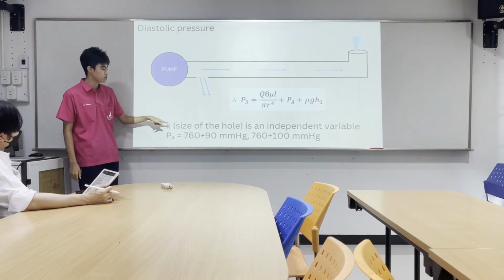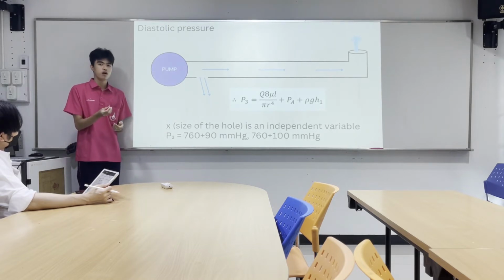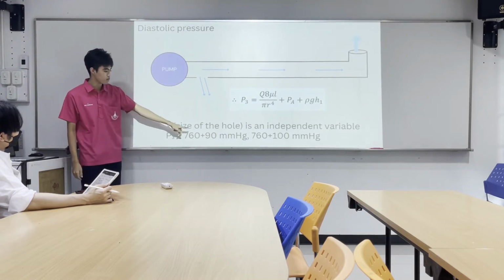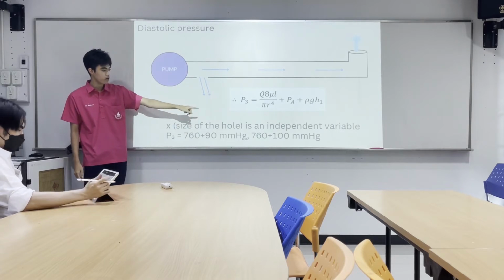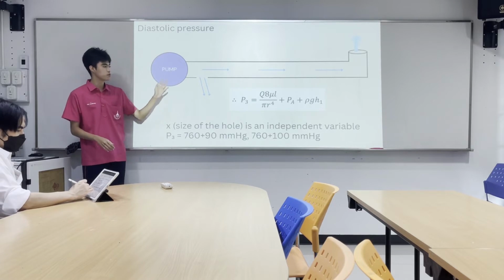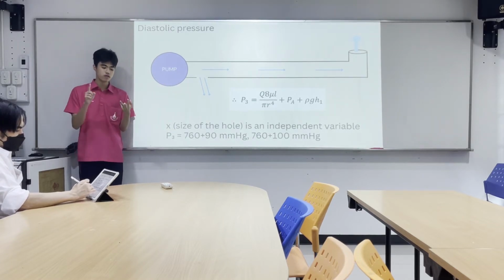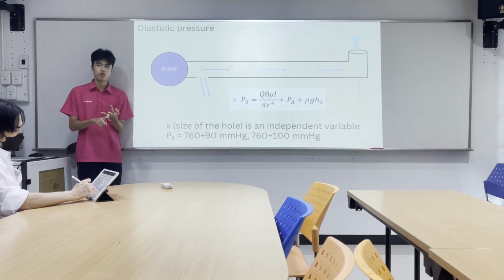We use X, which is the size of the hole. So I adjust the size of the hole until I get values of 90 and 100 diastolic pressure. Just substitute into the formula and we get this. So now we have two L values and two hole size values, or two X.